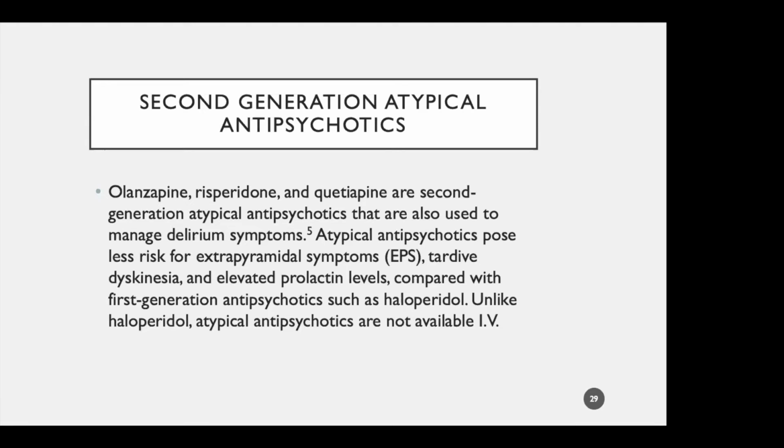And unlike Haldol, these are not available in an IV. We cannot give the second generation IV. Remember, with IV the onset of action is very fast, and that's why sometimes Haldol is preferred when someone is very agitated, like the hyperactive type.